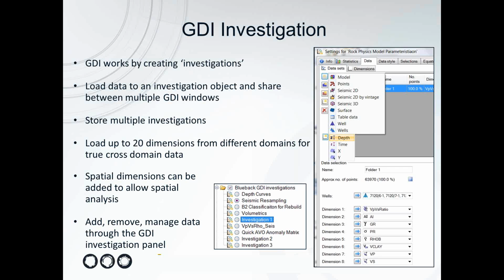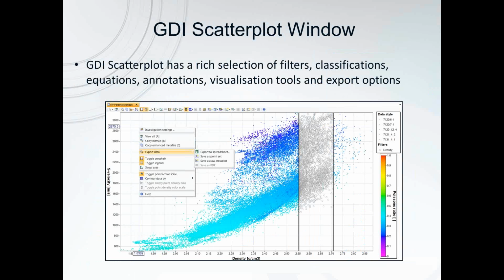You can load up to 20 different dimensions into an investigation. Spatial dimensions can also be allowed, so you can plot porosity versus time or depth or X or Y. And there's a whole bunch of settings, which we'll come to in the demo, that are managed through the investigation panel.